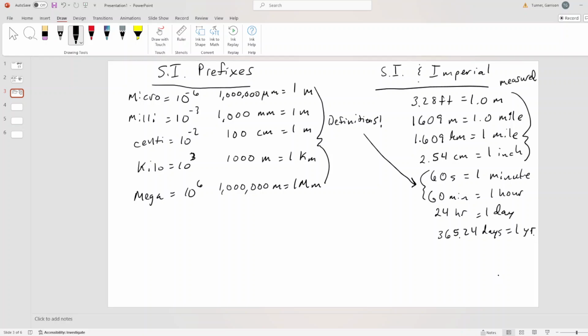Okay? So this entire set will often contain, more likely than not, any of the information you need to convert from one type of quantity to another. Okay?